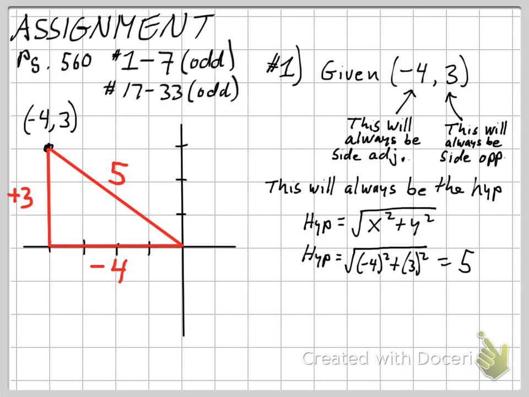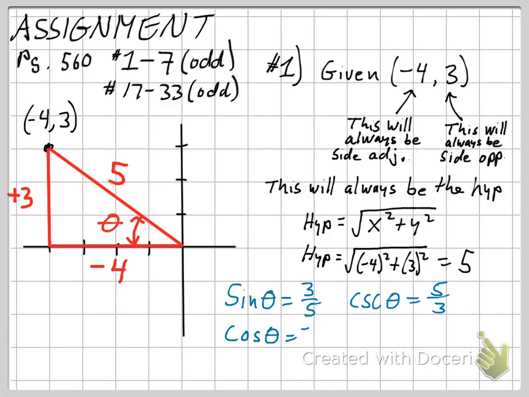My angle has to be formed with the x-axis right there. Now I can just do all of my trig functions, and then I've completed the problem. This assignment is all very similar, or some slight variation of this type of problem.